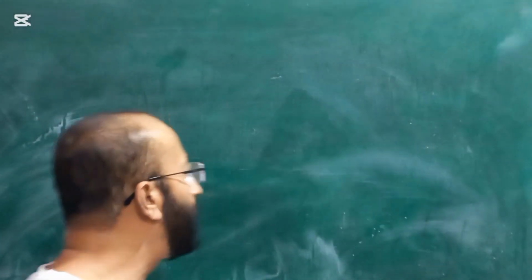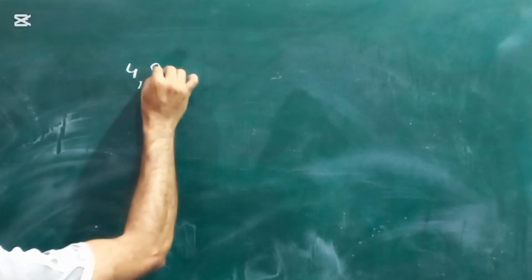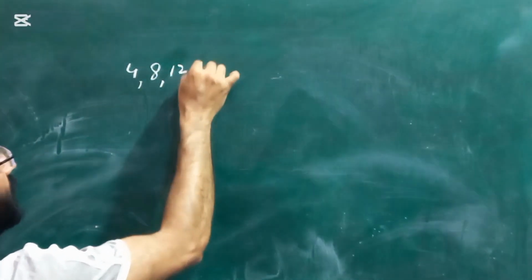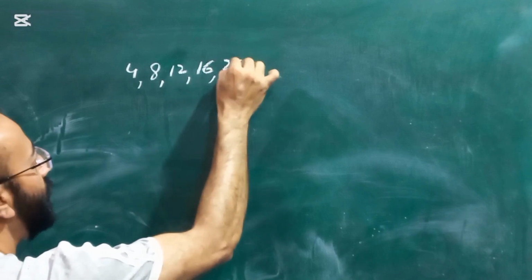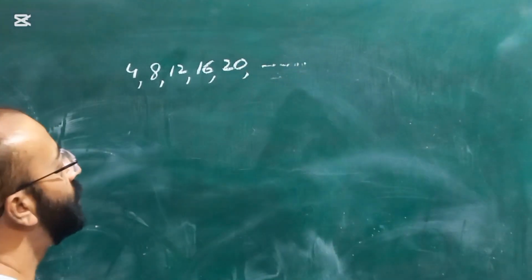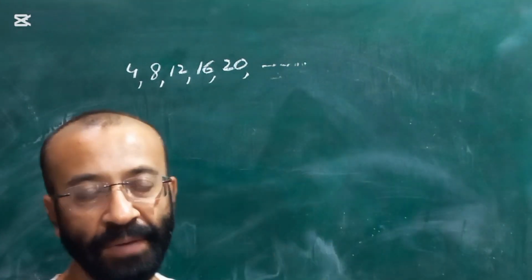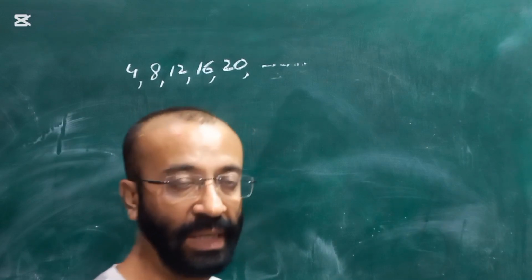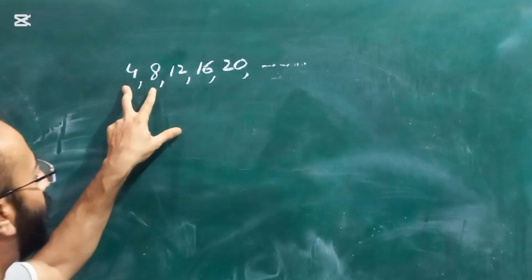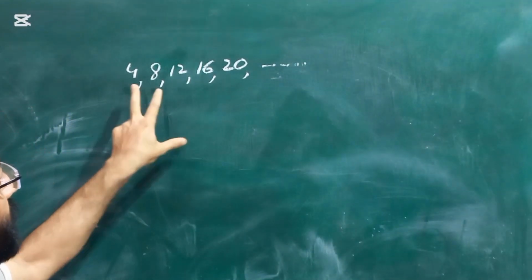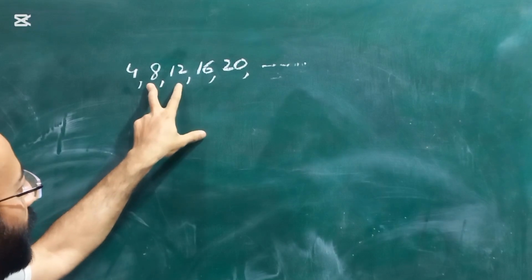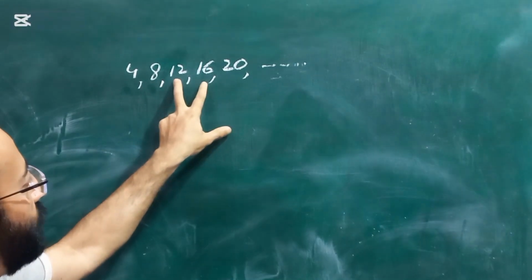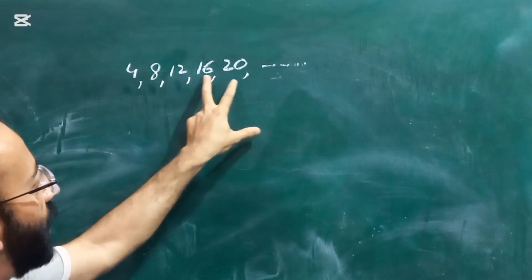Here is another special question: 4, 8, 12, 16, 20, and so on. Again, if you look at the number sequence, we have the same difference, that is 4, between these two terms. 4 is the difference between the next consecutive terms. Again, 4 is the difference in the next consecutive terms, and so on.